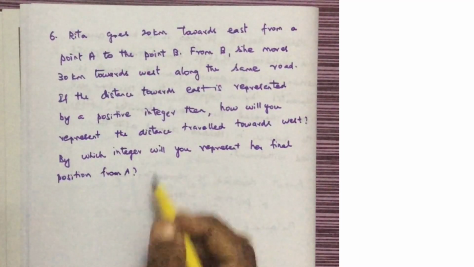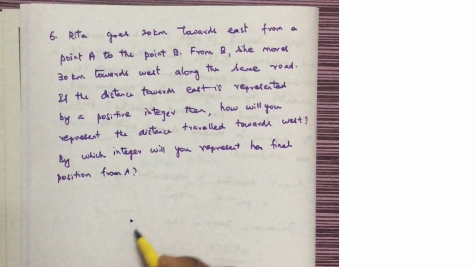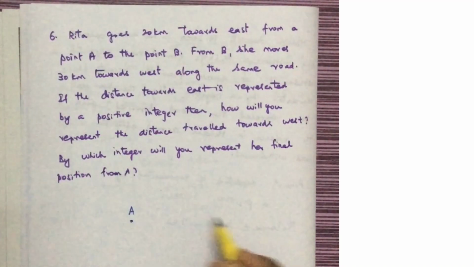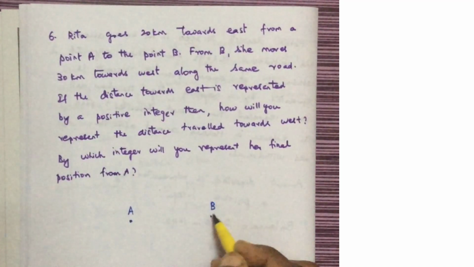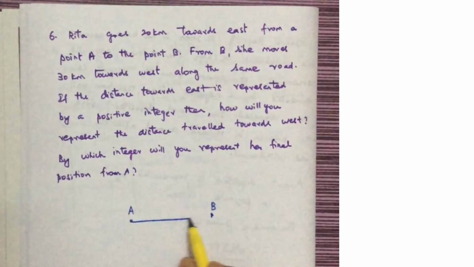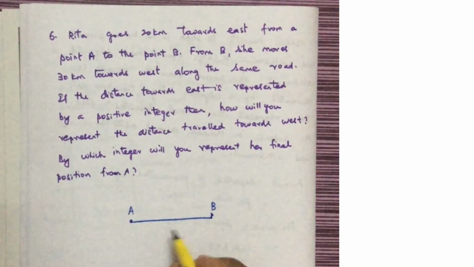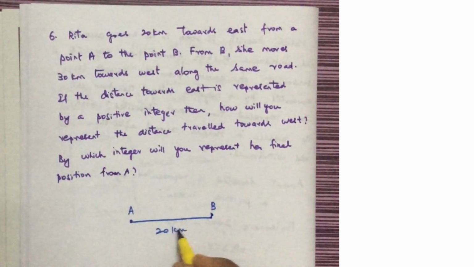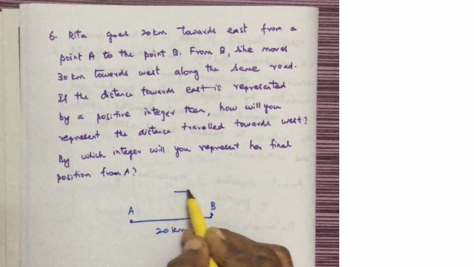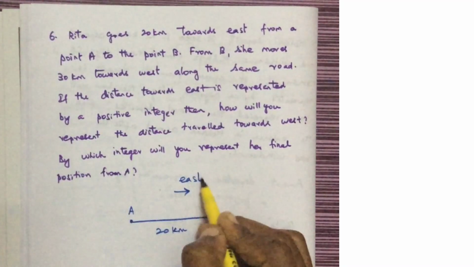Rita goes 20 km towards east from a point A to point B. Let me mark point A and this is point B. From point A to point B, that is how many kilometers? 20 km. Travelling in this direction from point A to point B is east.